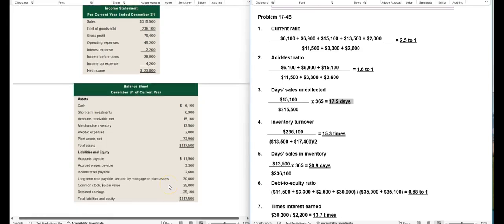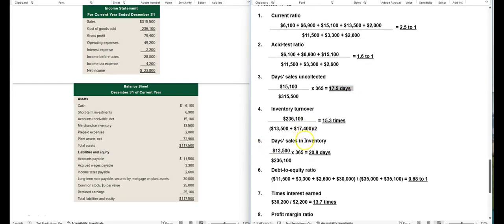Ratio analysis really becomes informative when we start interpreting what it's telling us. Are these good ratios or not? They look pretty good to me, but again, is this an improvement over last year, or have things gotten worse from last year? That's where the analysis really becomes beneficial and important.